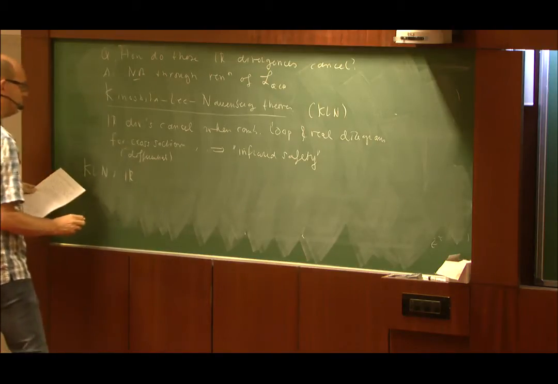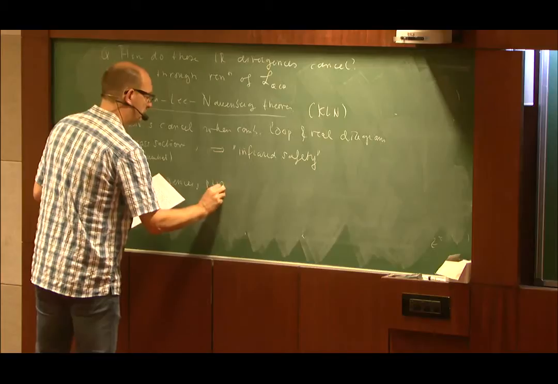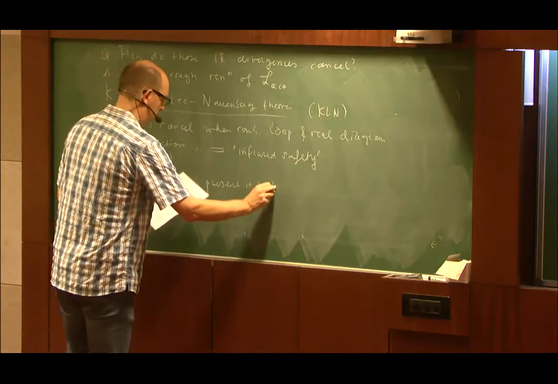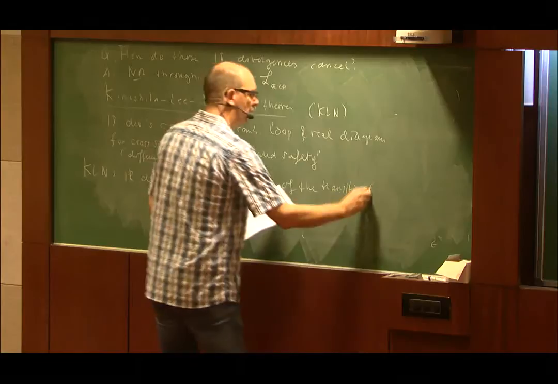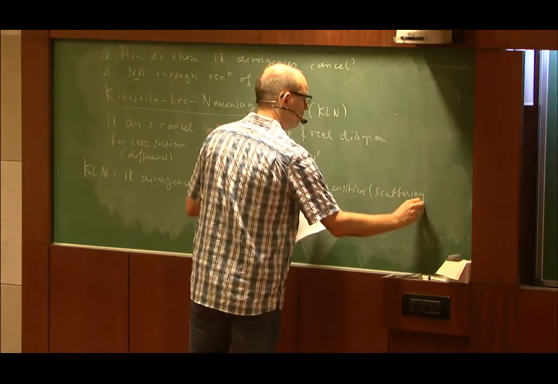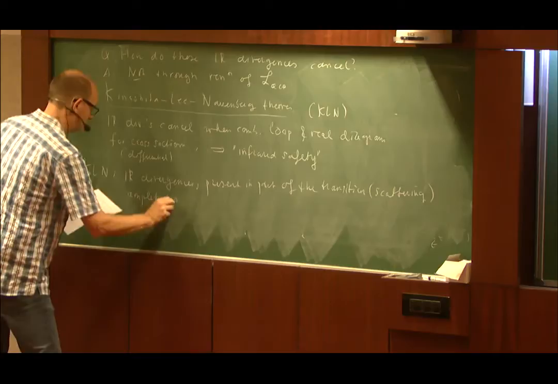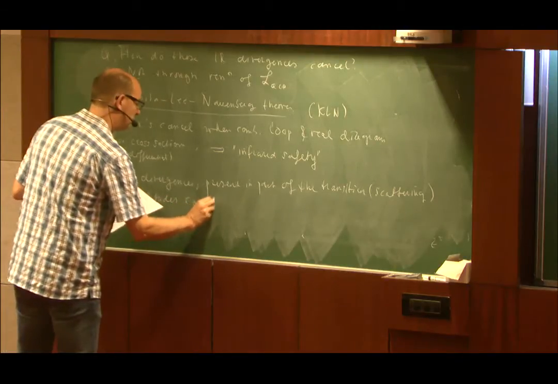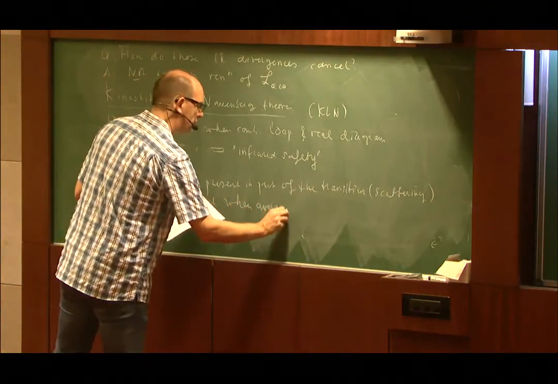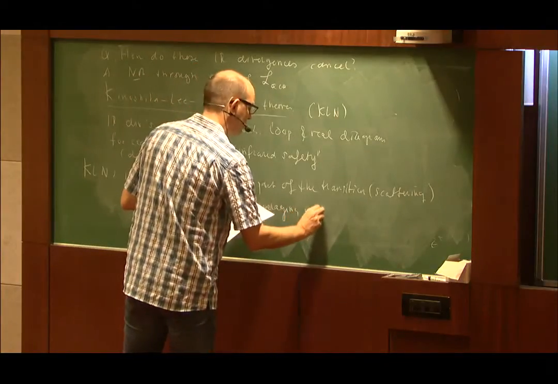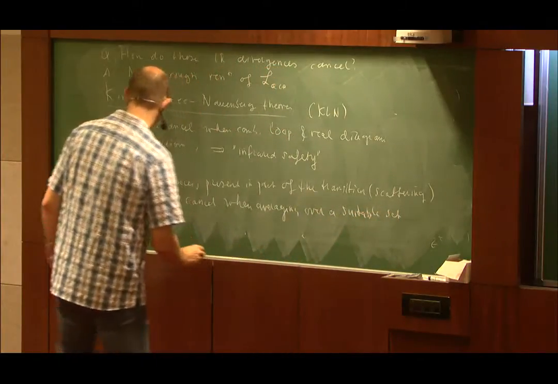This is what KLN say: IR divergences present in part of the transition, with that I mean scattering amplitudes, cancel when averaging over a suitable set of degenerate states.